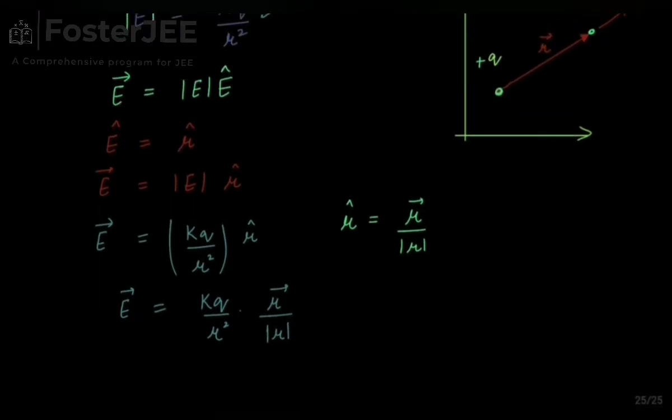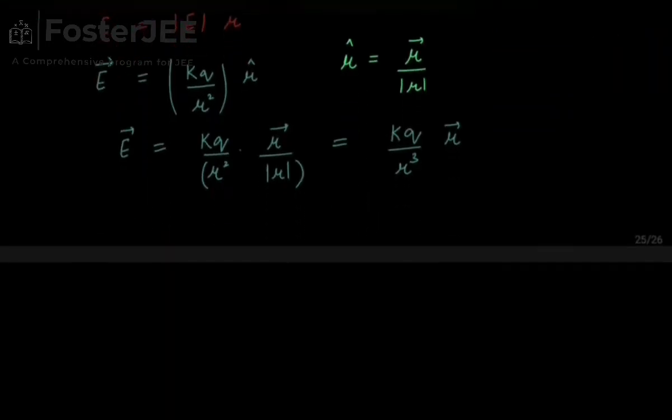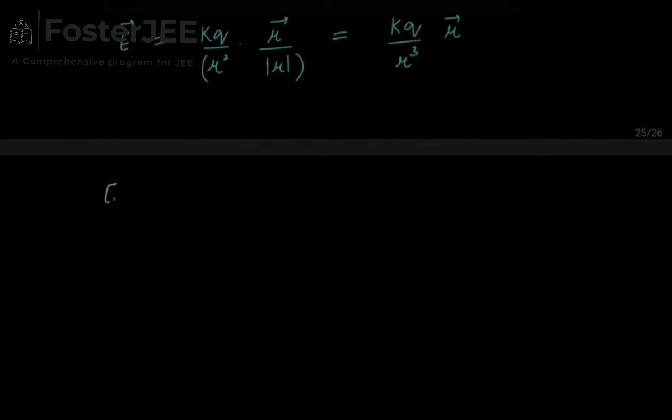Note that this is also the magnitude of distance, so these both are same. So this becomes kq by r cube vector r. Hence our field becomes vector E equal to kq by r cube vector r.